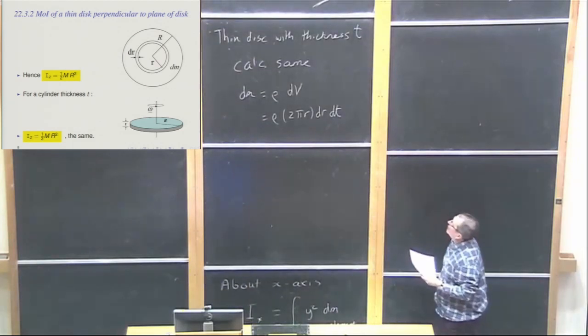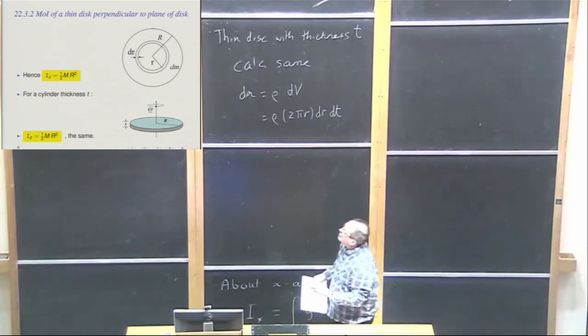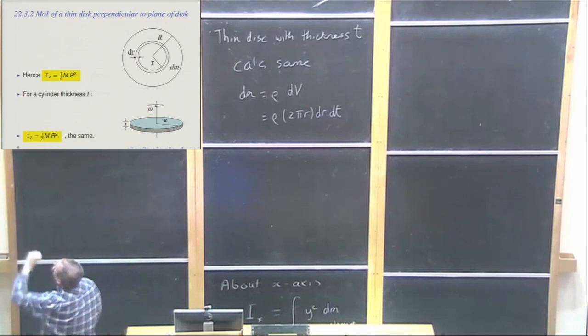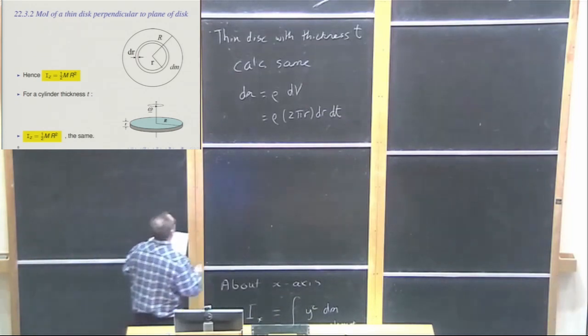So we have to integrate over t as well in our calculation, but that integral is absolutely trivial because there's no dependence on t. We'll just get a T coming out of it.